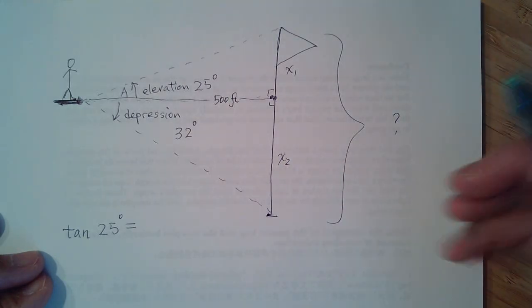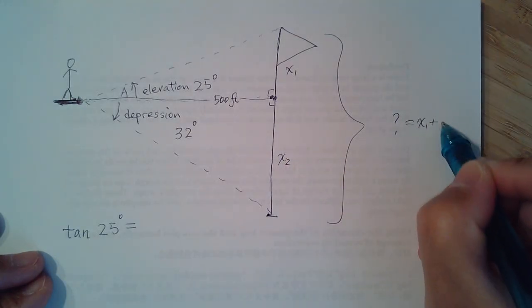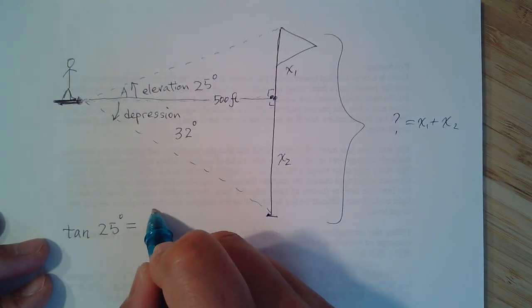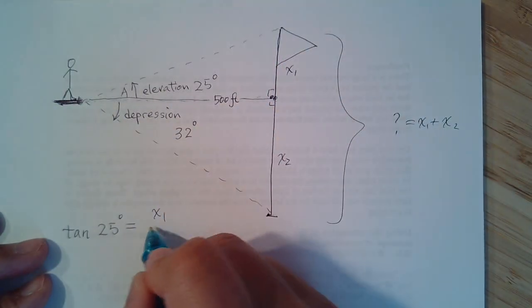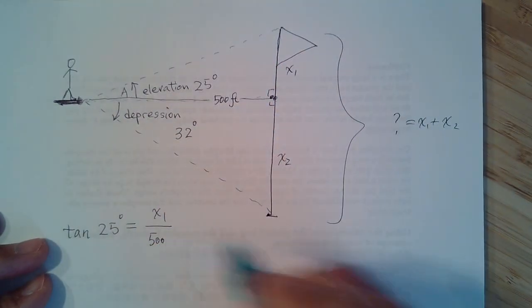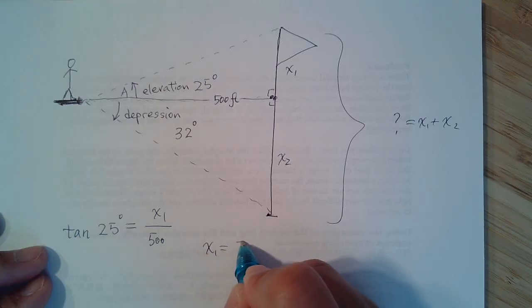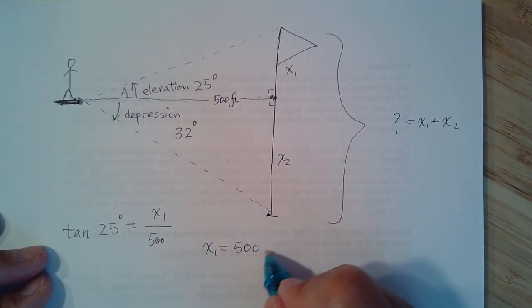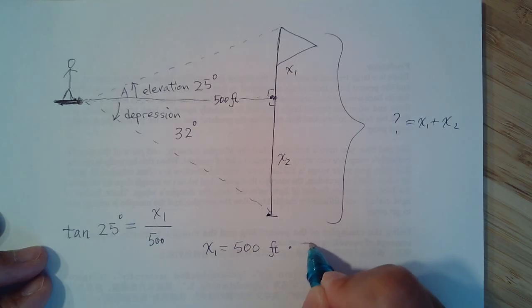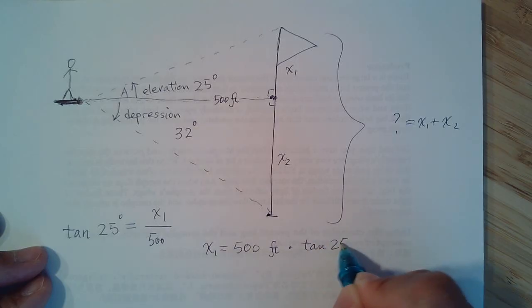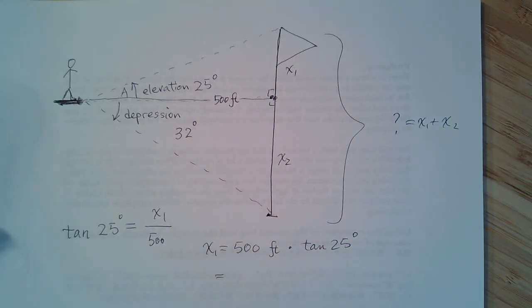At the end, I just need to add them up. Okay, so that's going to be x1 over 500. Therefore, my x1 should be 500 feet times tangent 25 degree. Okay, calculator.